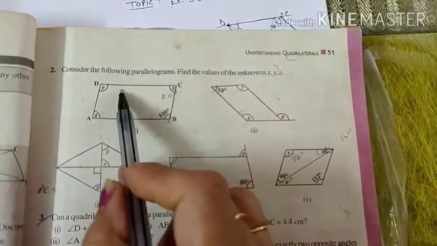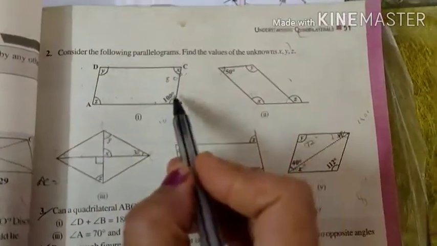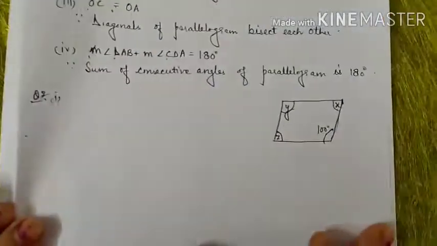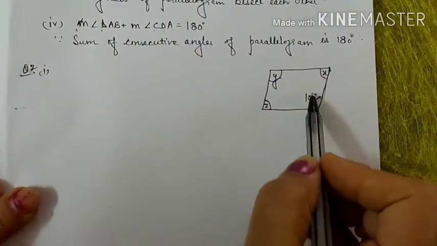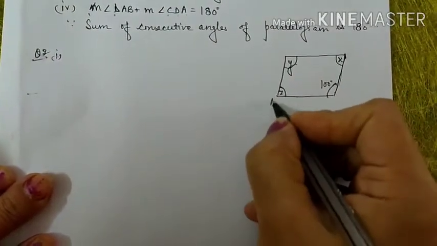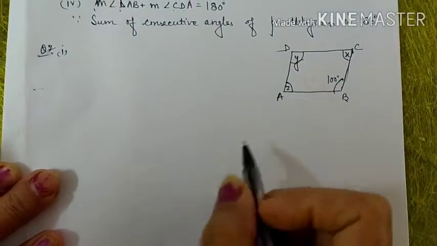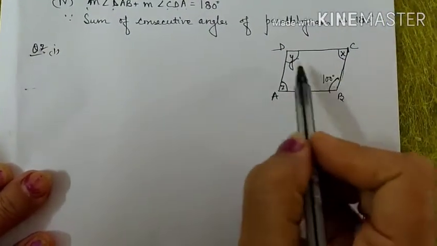Now second question. This is a parallelogram and we have to find the unknown values x, y, z, and angle B is given as 100 degrees. Now we use the properties of parallelogram. Let us name these vertices as A, B, C, D. We know that opposite angles are equal.